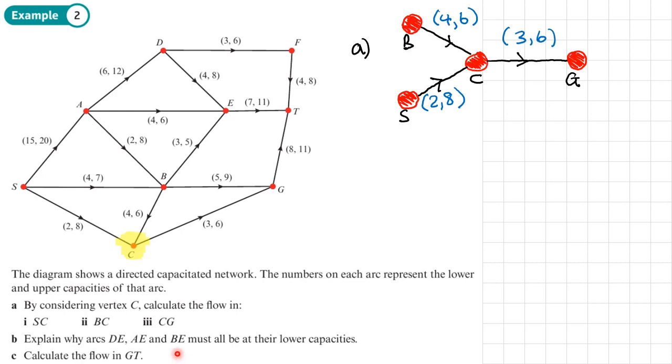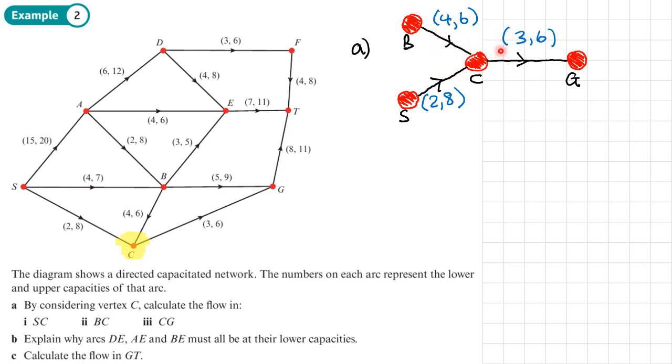Okay, so what I've done, I've just taken that part of the diagram and drawn it here, so I can see that there's 2 arcs flowing into C, one from vertex B, one from S, and then there's one flow out to vertex G, and I've put on here the maximum and minimum capacities of those arcs. So we need to consider the maximum and minimum capacities.